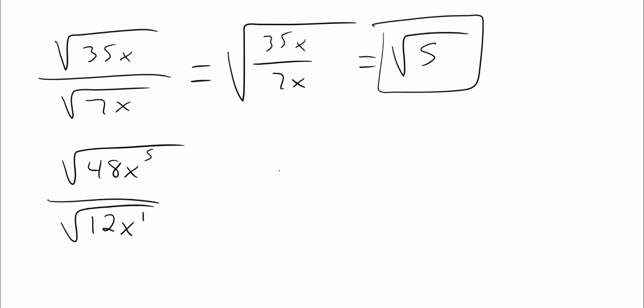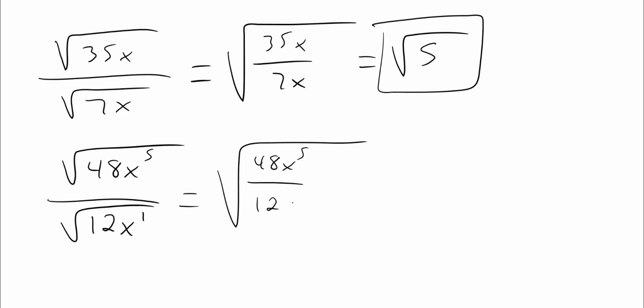Again, it looks brutal, but put it together. So 48x to the fifth over 12x to the first. 48 over 12, put it in your calculator, is 4. x to the fifth over x to the first. Remember, it's a battle between the x's, and who wins? The top wins by 4, so it's x to the fourth.